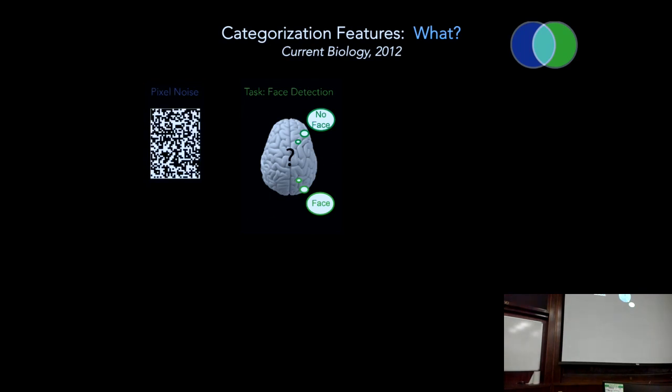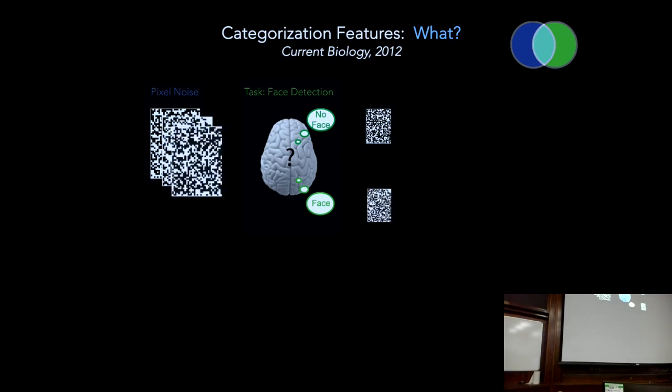So we show you a stimulus like this, which you can think of as generative, because each feature of the stimulus is simply a pixel, and we set it randomly to black or white. So in a given trial, we generate white noise. And we ask you as a participant, do you see a face in there or do you not see a face? Okay, so we go across a few trials like this.